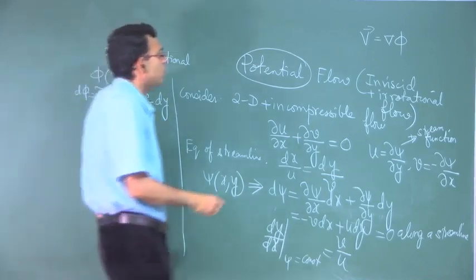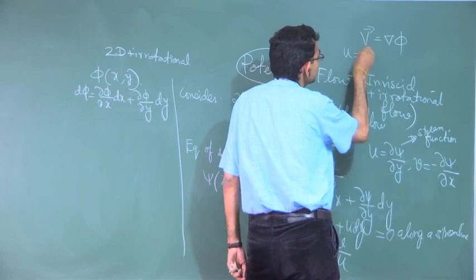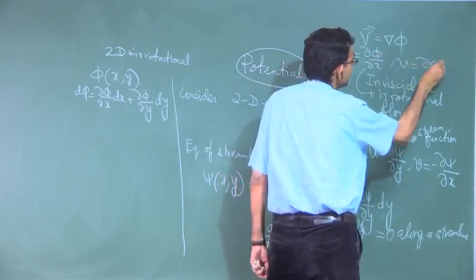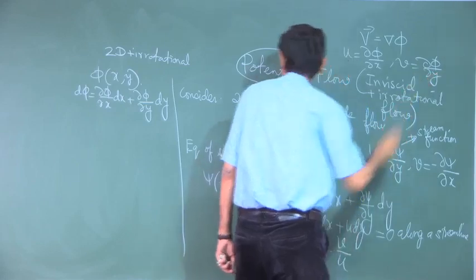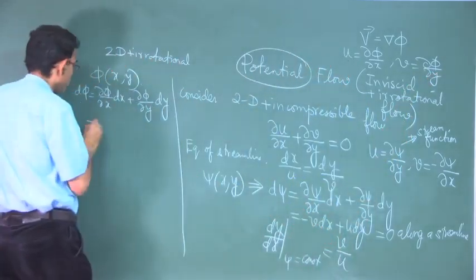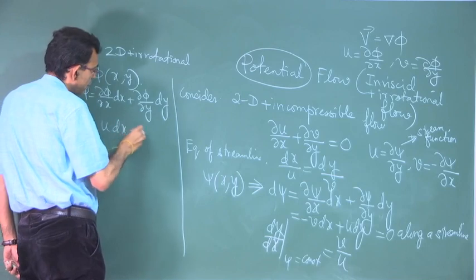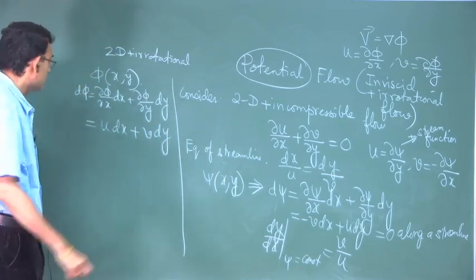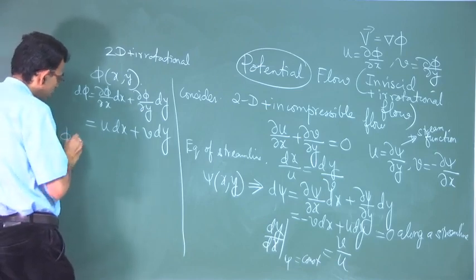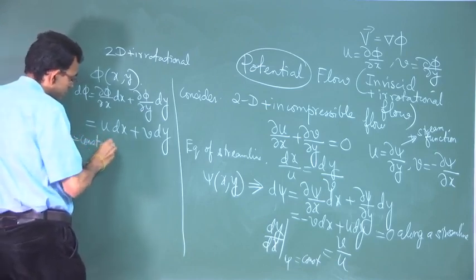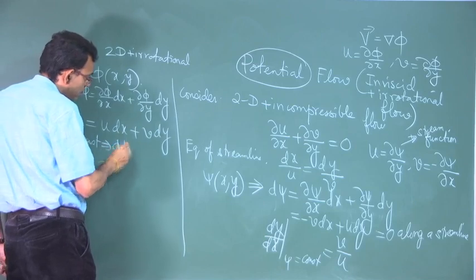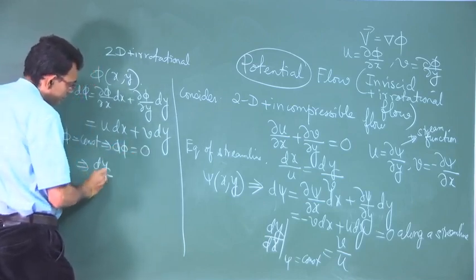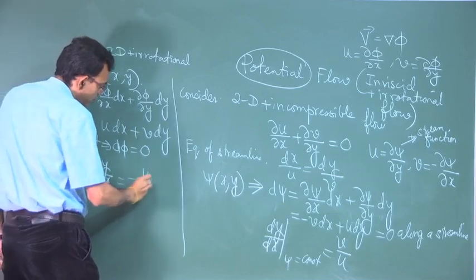So, that means u is equal to partial phi by partial x, so this is u dx plus v dy. So, phi equal to constant means d phi is equal to 0. So, dy dx will be minus u by v.